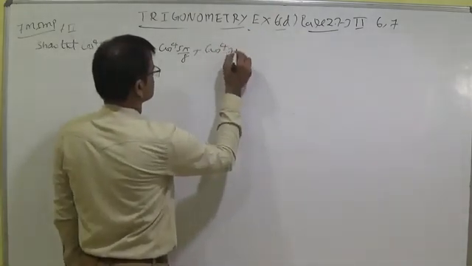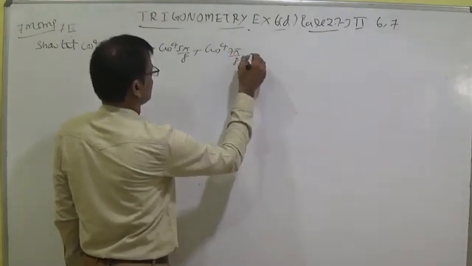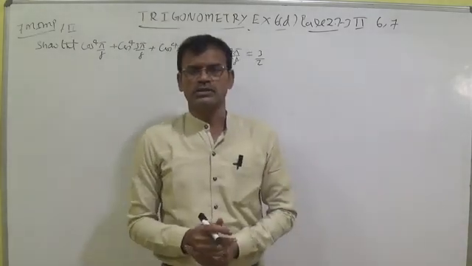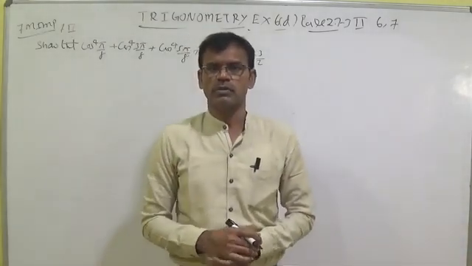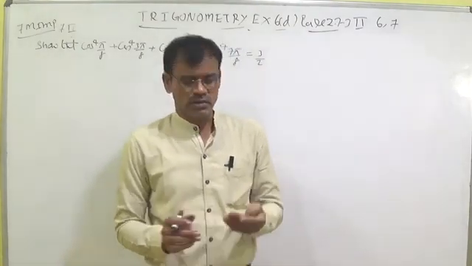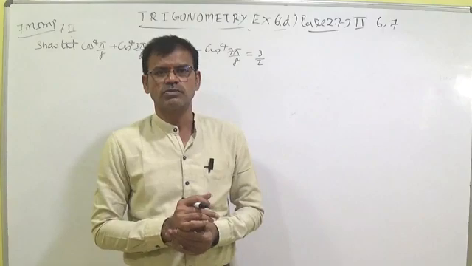Of course, with sin power 4 everything we had proved in examples: sin power 4 pi by 8 plus sin power 4 3 pi by 8 plus sin power 4 5 pi by 8 plus sin power 4 7 pi by 8. We have proved that the answer was 3 by 2. In examples we have discussed it.